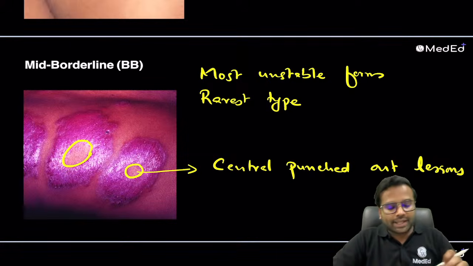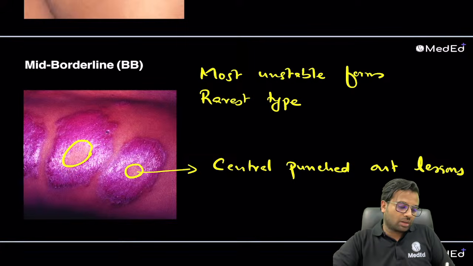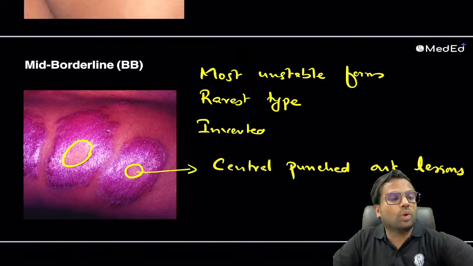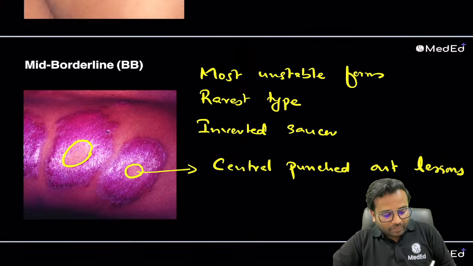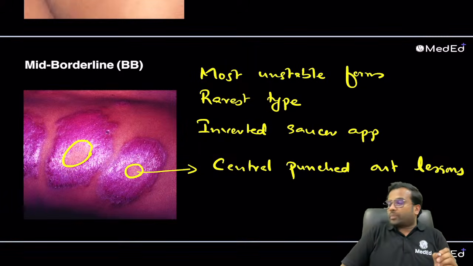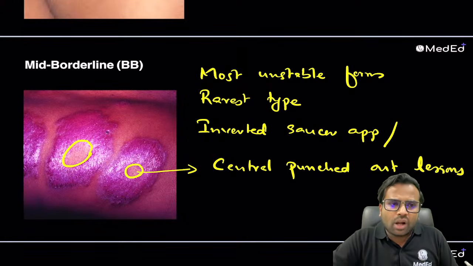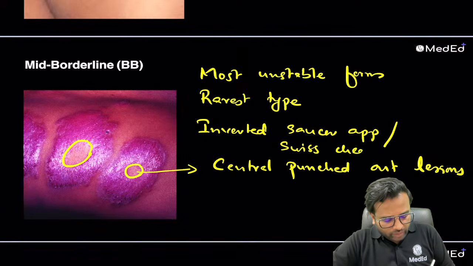Borderline. In some of the textbooks, it may be compared to an inverted saucer appearance, or a Swiss cheese appearance.